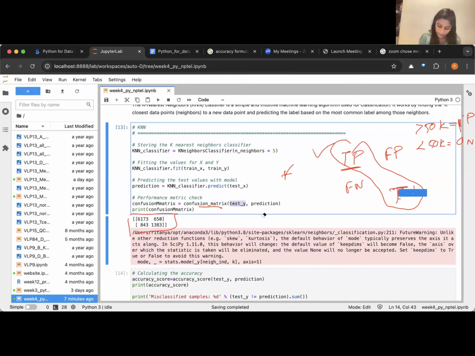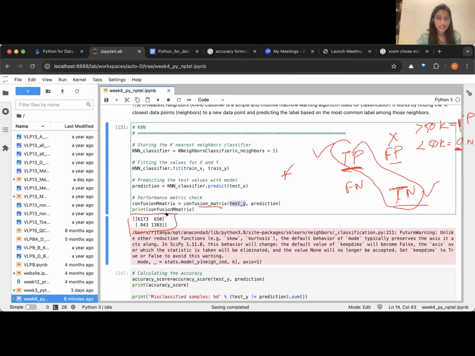And then how many negative values were correctly identified as negative values. False positive is how many negative values were wrongly predicted as positive. And then how many positive values were falsely predicted as negatives. If you just think about it, it'll make sense, but remember the structure: true positive, true negative, false positive, false negative.